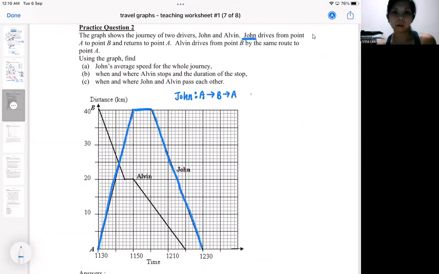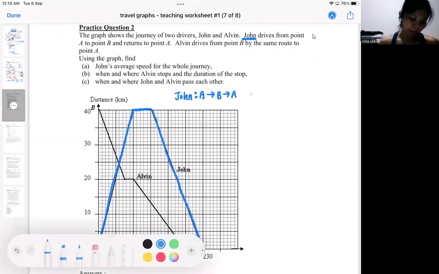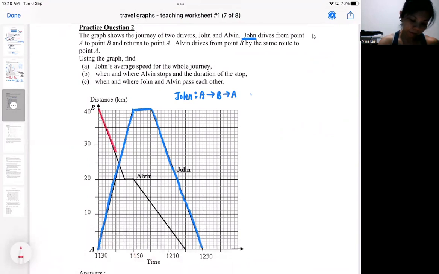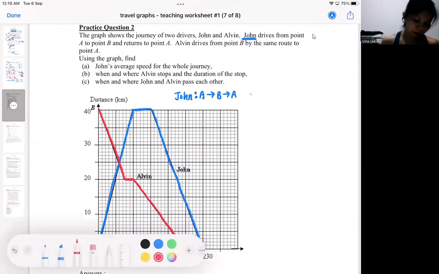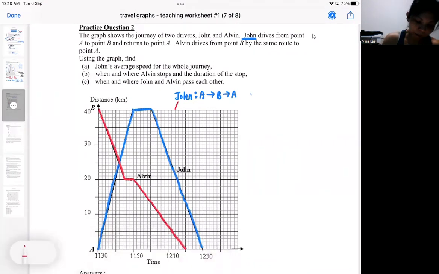But there's another driver, Alvin. Alvin came from the opposite direction. And they started at the same time, because they started at 11:30. And then Alvin takes a short rest and he continued. So for Alvin, his journey is only B to A. So make sure you read.